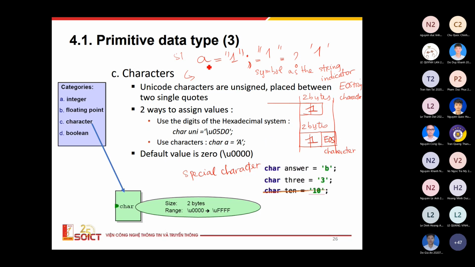So for example, you have this A and this B. When you assign to B, it knows that B is a character, so it fixes 2 bytes for you, and it can get the value of B as 1. But if you assign A as a string, it doesn't know exactly the size of A. It knows that a string is a sequence of characters, but it doesn't know how many characters are in this string.